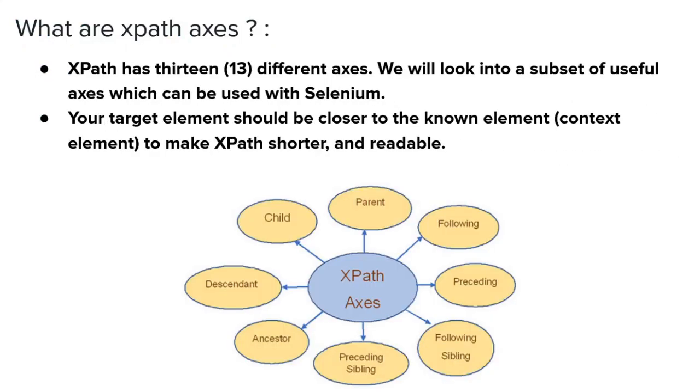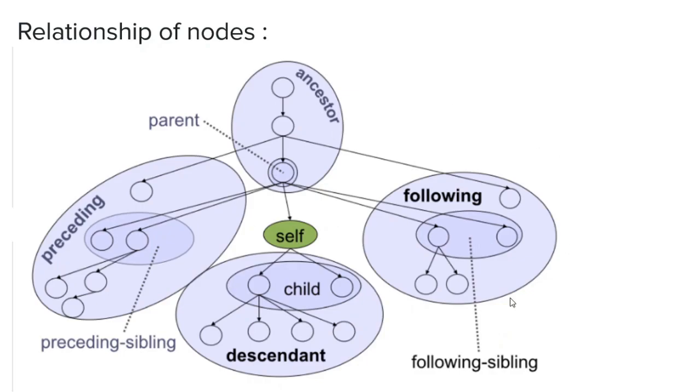There are a total of 13 different XPath axes, but we will look into a subset of 8 useful axes which can be used with Selenium, which includes child, parent, following, preceding, following sibling, preceding sibling, ancestor and descendant. We have also seen the example. If you consider this as a self node, then the immediate top node is the parent node, and immediate children are child nodes. Parents of parents, including the parent, are ancestor nodes.